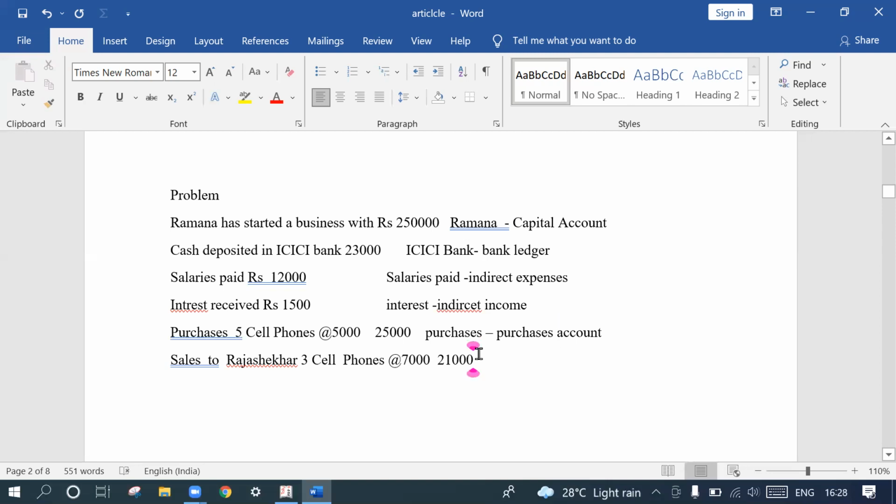In the last transaction, see clearly, sales to Rajashekar, it is the credit transaction. We are selling the cell phones to Rajashekar on credit basis. So Rajashekar is the sundry debtor.